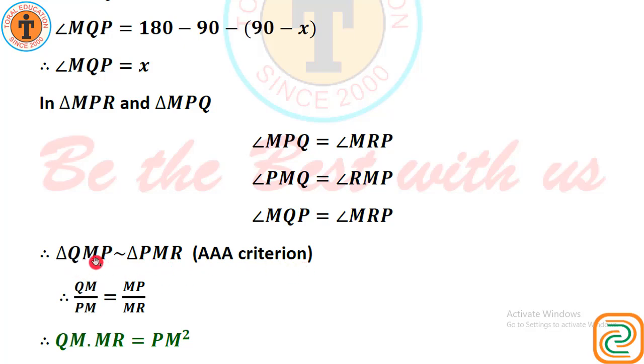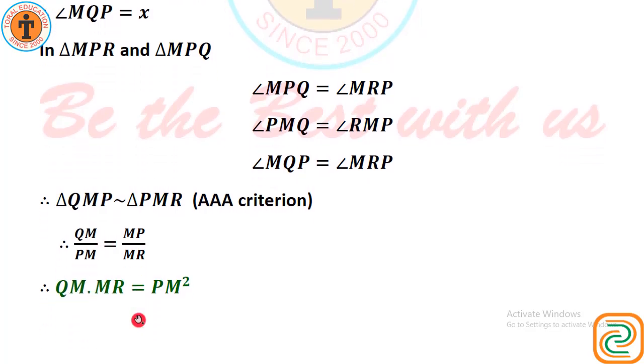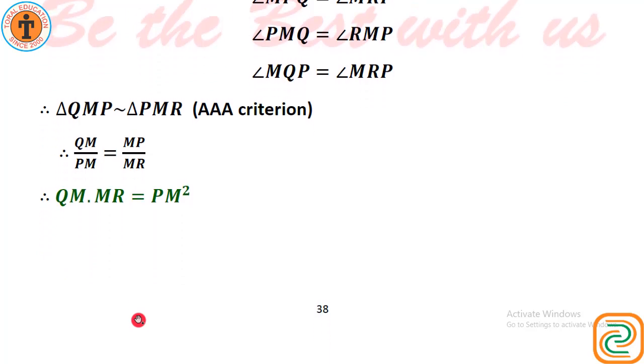Therefore QM upon PM equals MP upon MR. PM and MP are the same. If we take cross multiplication, then MP square, that is PM square, equals QM into MR. So we have got the answer.